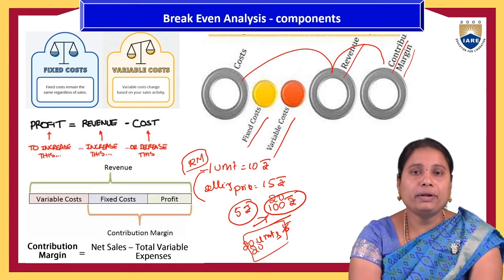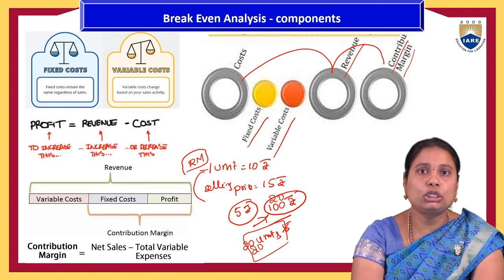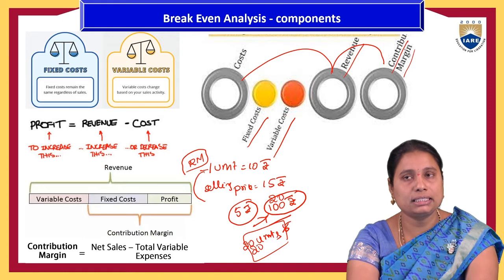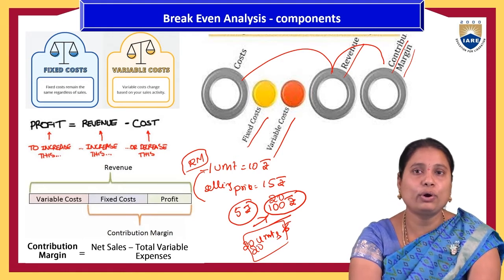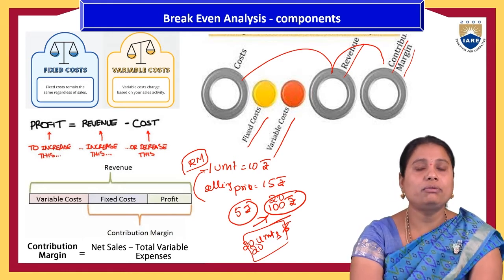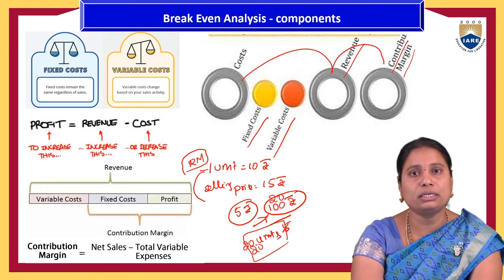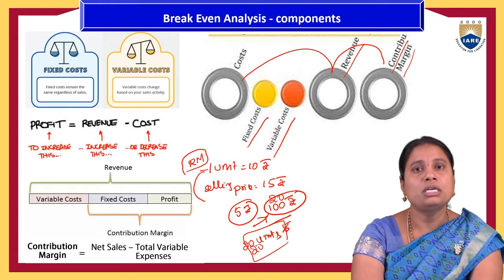So a particular unit's contribution towards the total revenue generated by the organization is called the contribution margin. One unit's impact on the sales of a product is called the contribution margin.